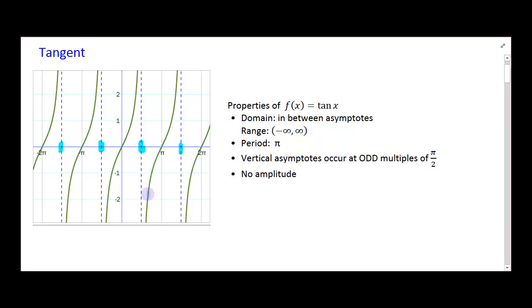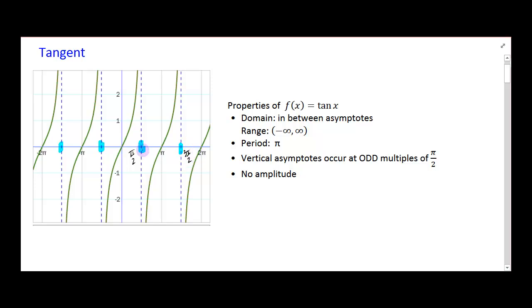Since the graph appears to be shifted, it's hard to recognize this right off the bat. But let's go in and label this. If I know that this is crossing the y-axis at pi, then this point to the left I'm going to label as pi over 2, and this point to the right of that would be 3 pi over 2.